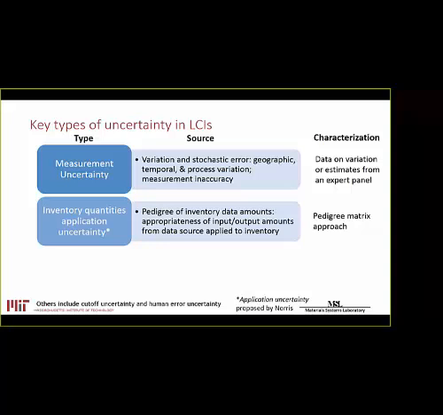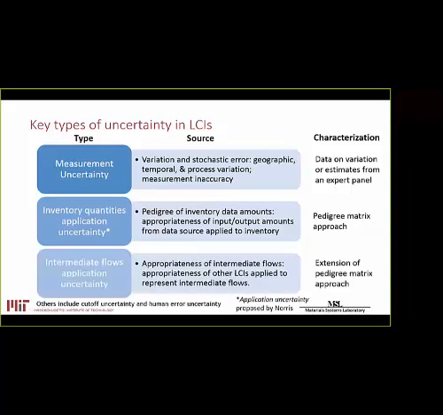They may take it from a different region, a different time, or even a totally different process. That's the application uncertainty. At least right now, the way that's generally dealt with is the pedigree matrix approach applied in ecoinvent. So that has to do with that 11 kilowatt hours.